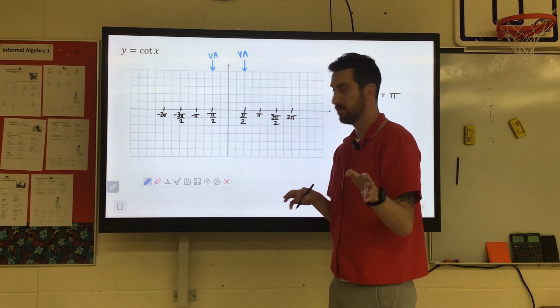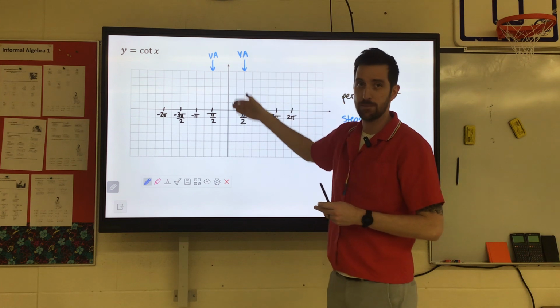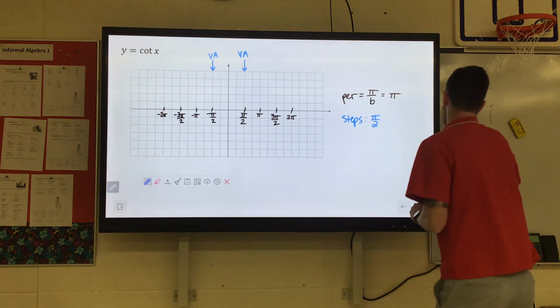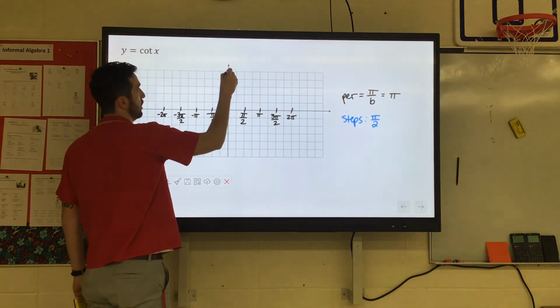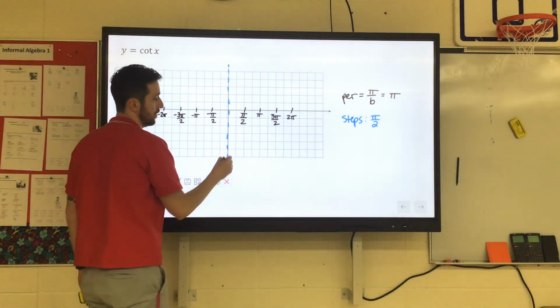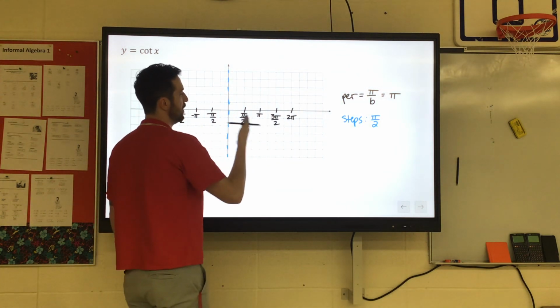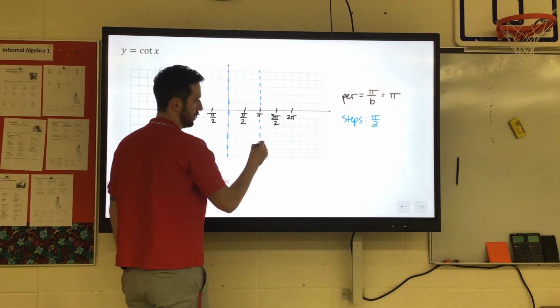So cotangent, you're going to start with a vertical asymptote right at 0. That's nice. So new vertical asymptotes for cotangent are right at 0. And again, it's going to be every period. So we have period is pi, so 0 plus pi is pi, or every 4 spaces.